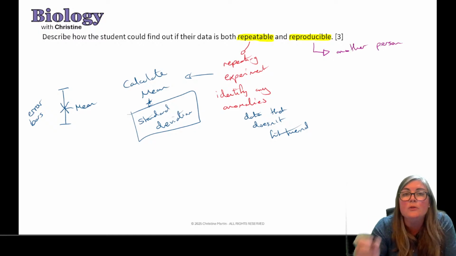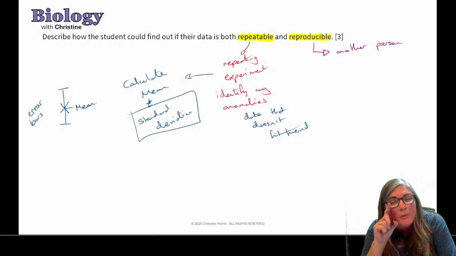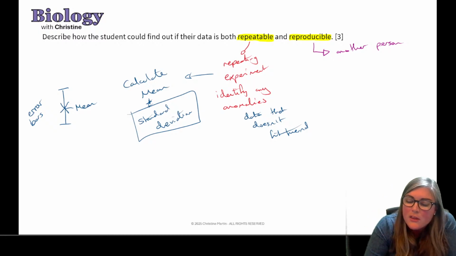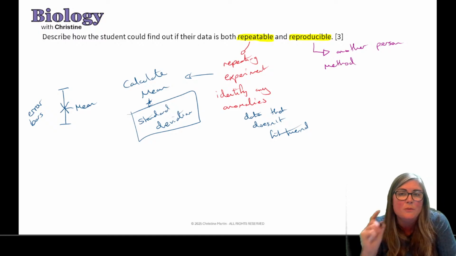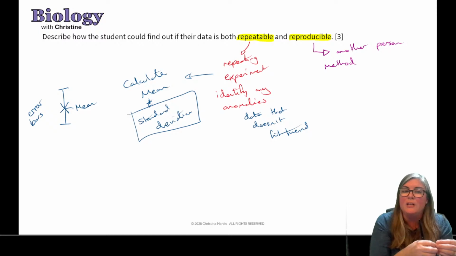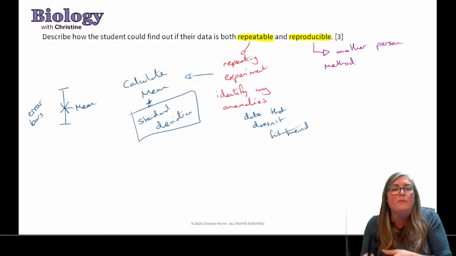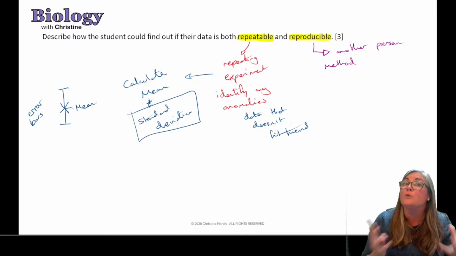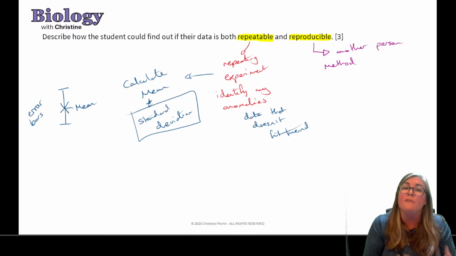were to carry out your investigation, to be able to do so, they would need to have a method that they could follow. So as I said to you before, you only want to change your independent variable. You want to measure your dependent variable. You therefore need to control all other variables.